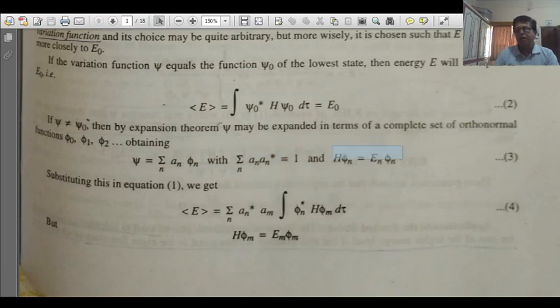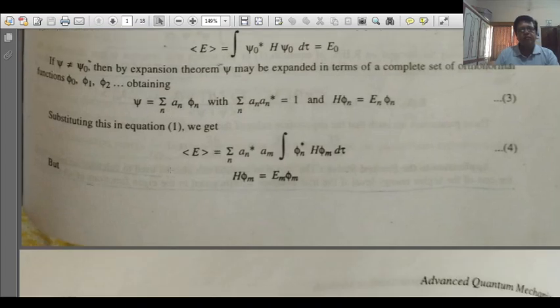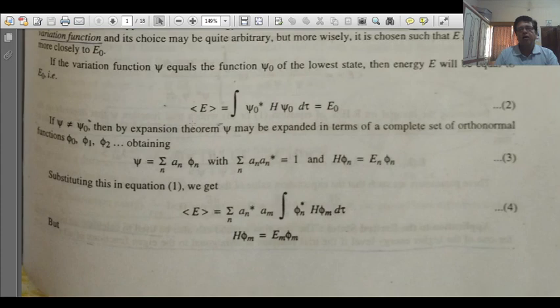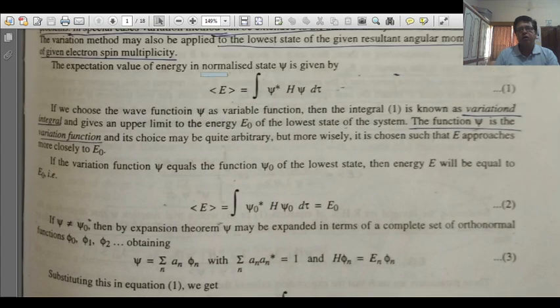And the well-known Schrodinger equation is H phi n equals E n phi n, where E n is the eigenvalue of this equation. Now, substitute this in equation 1. We just substitute the value of psi here.